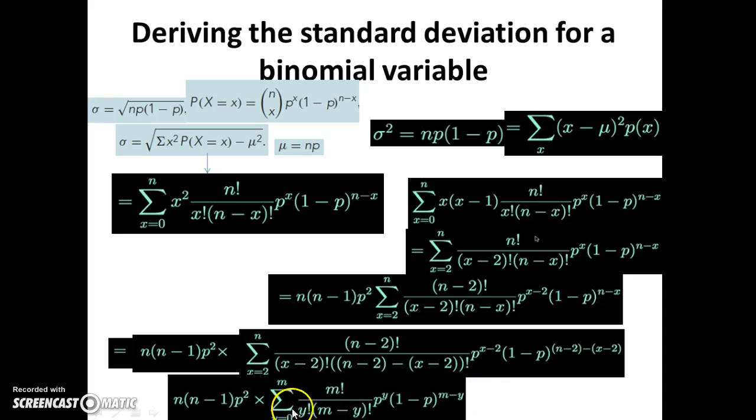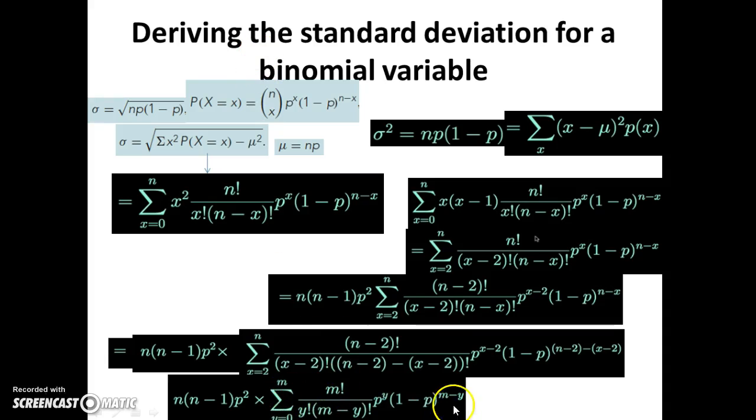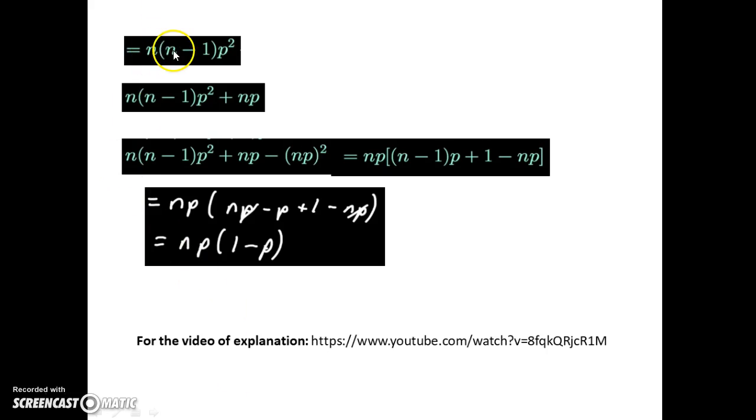And again, it's the same theorem, the binomial theorem. This part is going to be 1 again, because this part equals (p plus 1 minus p) to the power of m. It's the same expression, it's going to be 1. And I only have in here n times (n minus 1) times p squared times 1, which equals n times (n minus 1) times p squared.